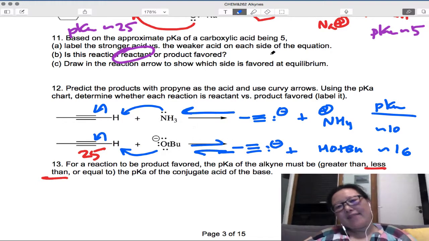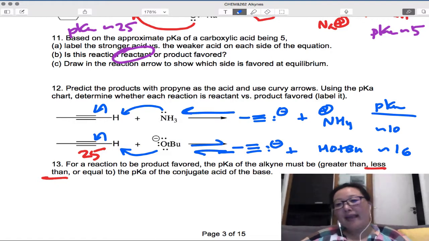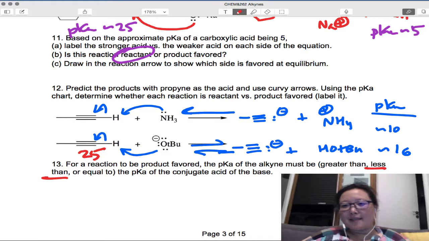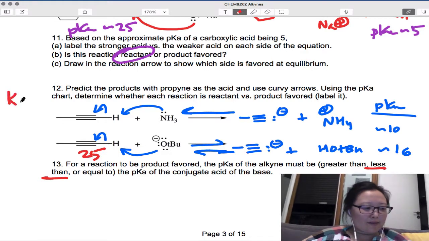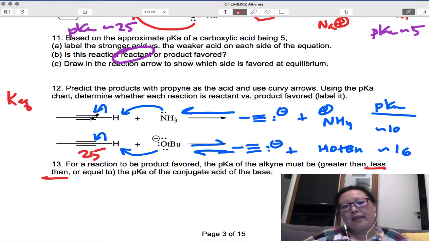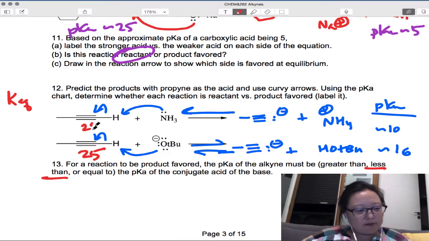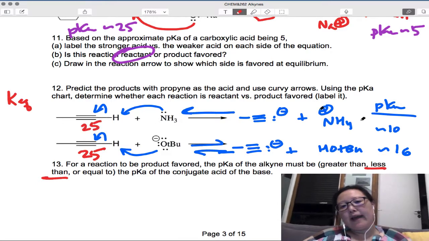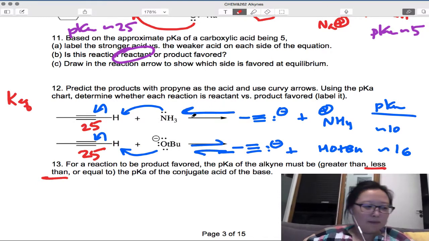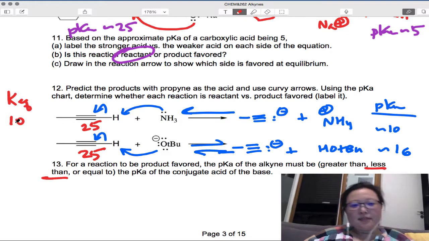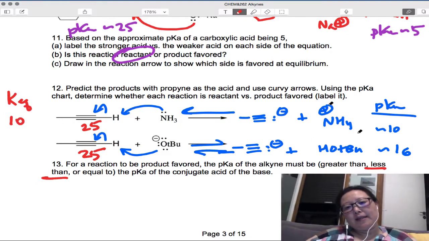Another thing that I've taught students before is just to get a ballpark answer for the KEQ of the reaction. So the KEQ is sort of the difference between the pKa's of what you're starting with versus what you're ending with. So if I have a pKa of 10 here and a pKa of 25 here, clearly this is stronger as an acid than this is, so I'm going to be pushing to the left, and it's approximately 10 to the difference in pKa units.